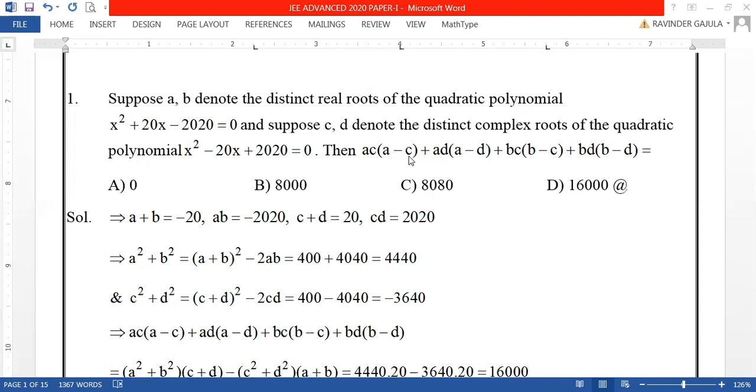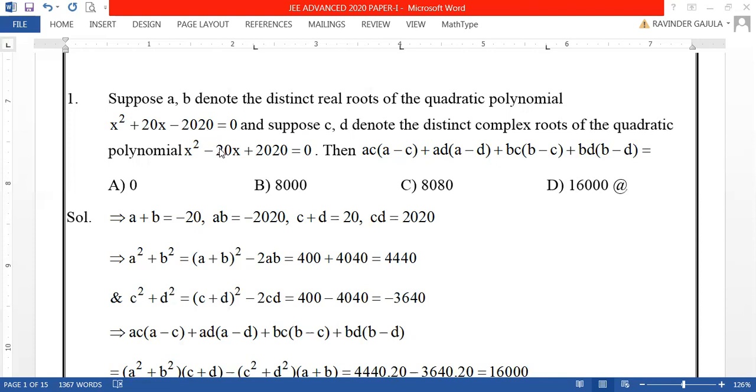The only thing is just to evaluate this with the values from the given data. See, here A and B denote the distinct roots of this equation, so the sum of the roots can be taken as A plus B equal to minus 20. Product of the roots AB is minus 20.